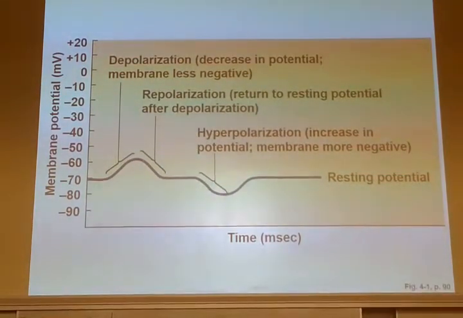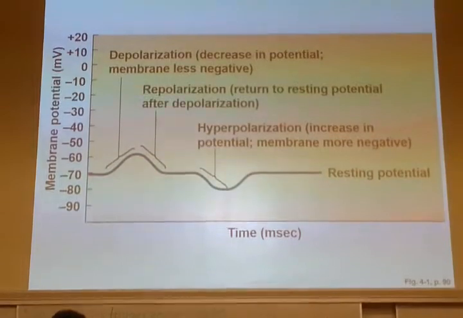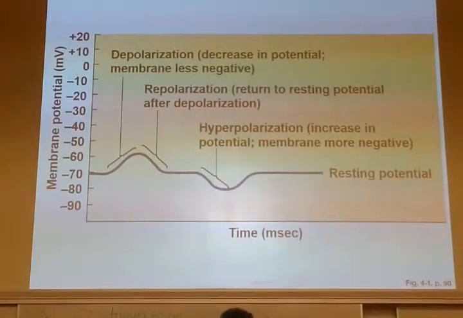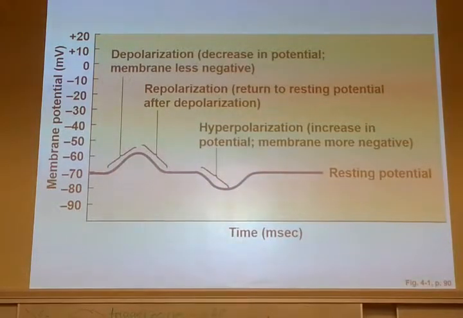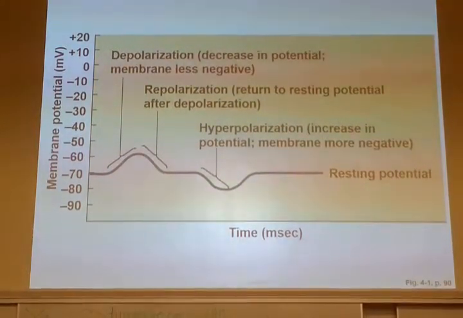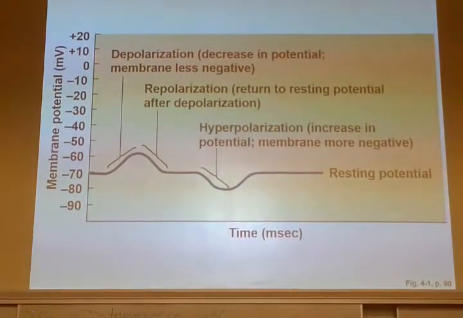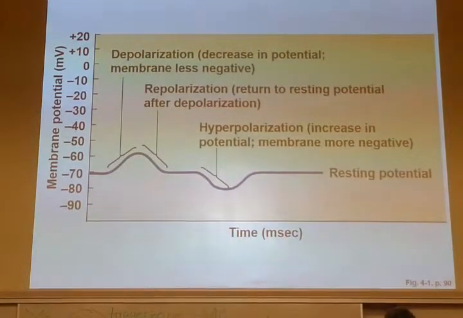And then you get a hyperpolarizing potential due to potassium efflux. So the rising phase of the action potential is due to depolarizing local potentials that happen to open voltage-gated channels. Repolarization is due to hyperpolarizing local potentials.